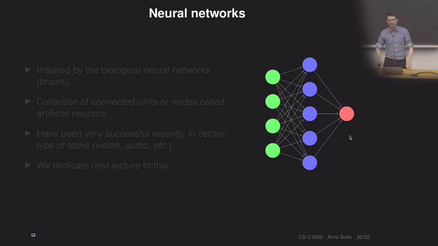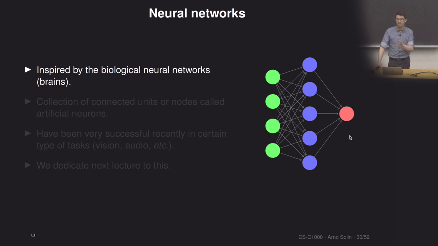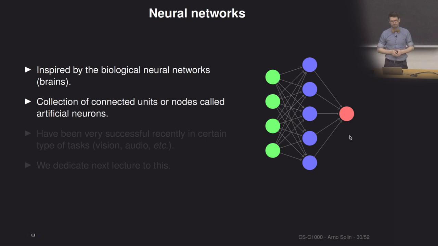And then neural networks. And actually, we'll talk about neural networks for 2 hours next week. But I'm just saying that there is a link or inspiration coming from how the human brain, or actual biological neural networks, work. You could say that they are inspired by that.